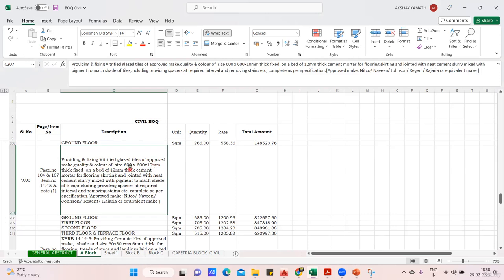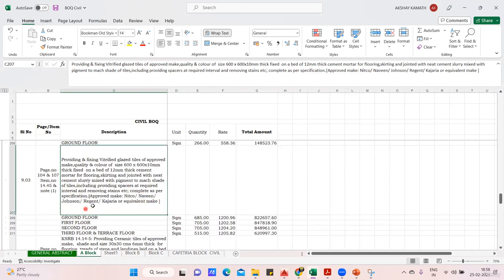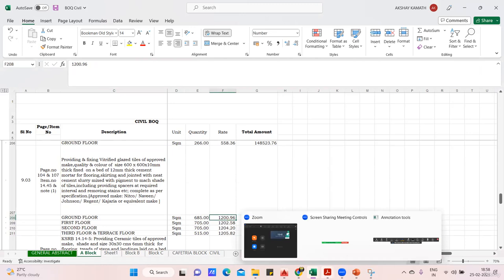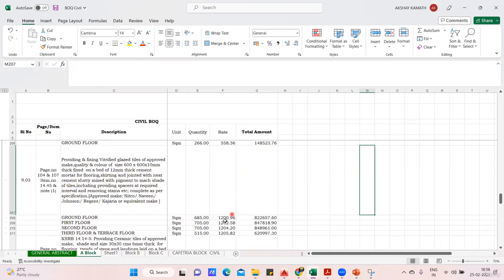He has taken here 600 by 600 like what I have taken, and the thickness of the tiles will be 10 mm and your bed mortar will be 12 mm. Based on that, he has given whichever brand you want, you can use Naveen, Johnson, Regent, Kajaria, whatever brand you want, you use it. So the rate given by the contractor is 1200 rupees. In the BOQ, it is a little on the higher side at 1400, but this contractor will charge you 1200 rupees.